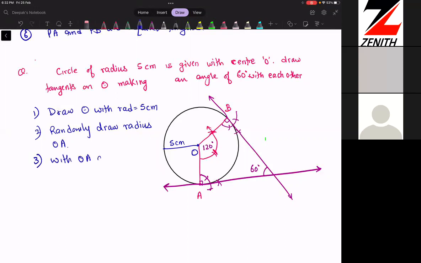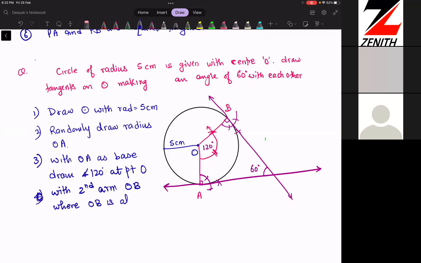With OA as base, draw an angle of 120 degrees at point O. The second arm is OB, where OB is also a radius.